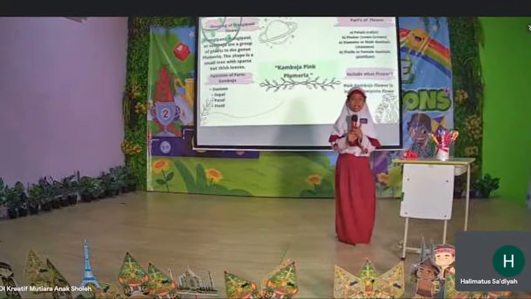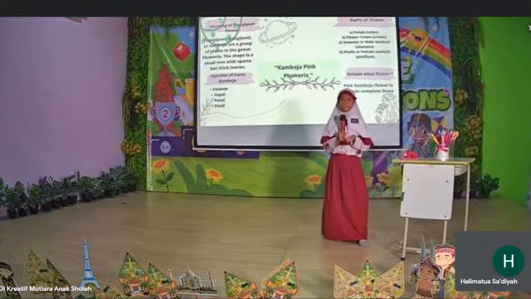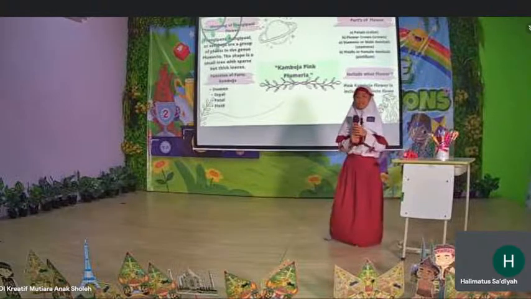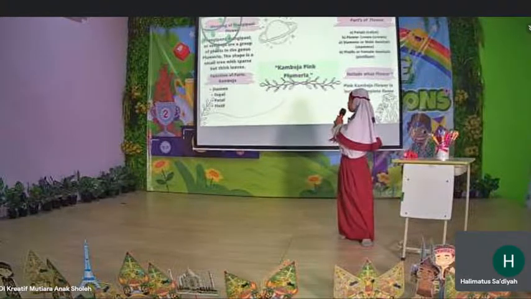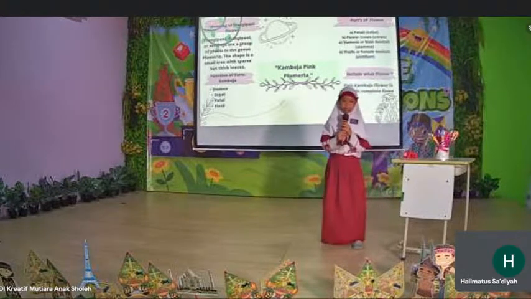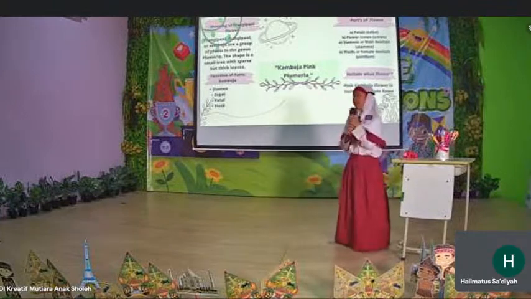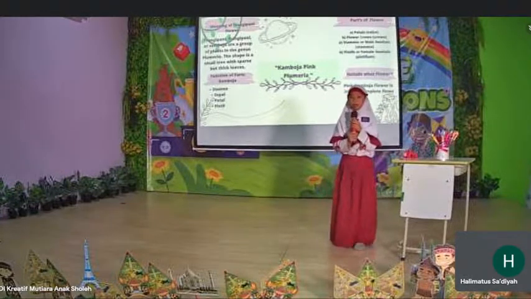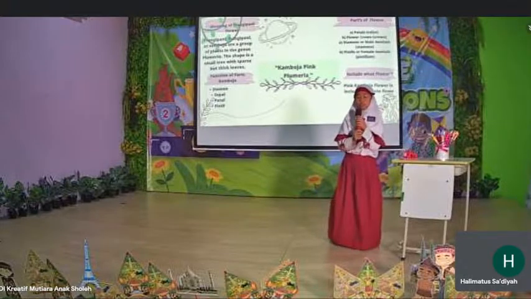Sepal is to next. There's a petal. The petal is to protect the reproductive organ, and the fourth is the pistil. The pistil is to produce the reproductive system.